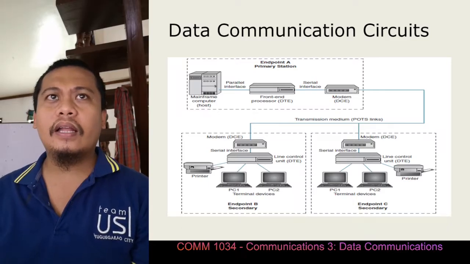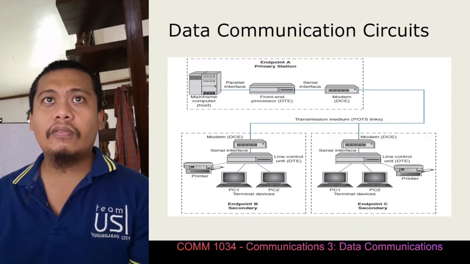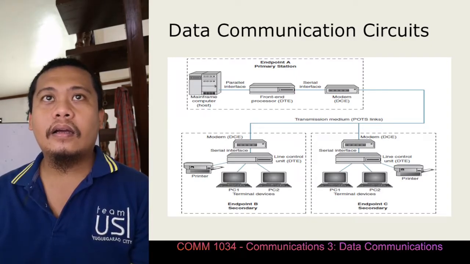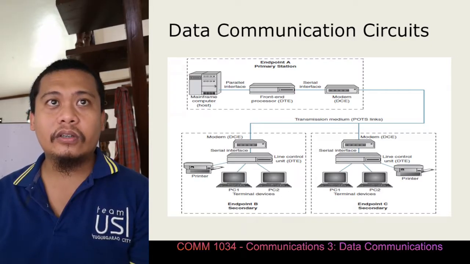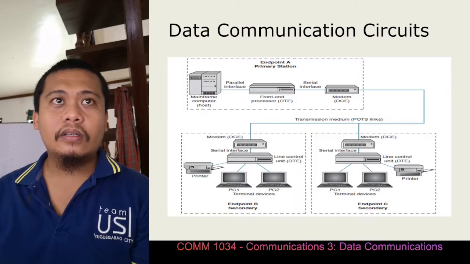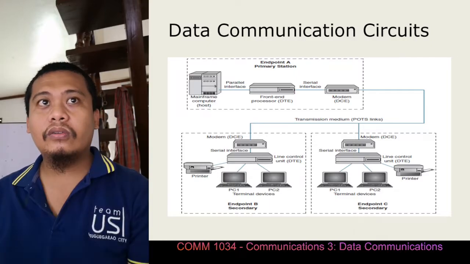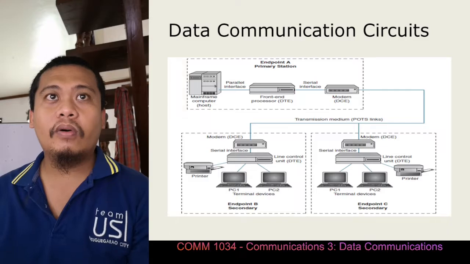So line control unit at secondary station is referred to as cluster controller as it controls the flow of data between several terminal devices and the data communication channel. Then line control units at secondary station are called station controllers as they control data flow to and from all data communication equipment located at the station.